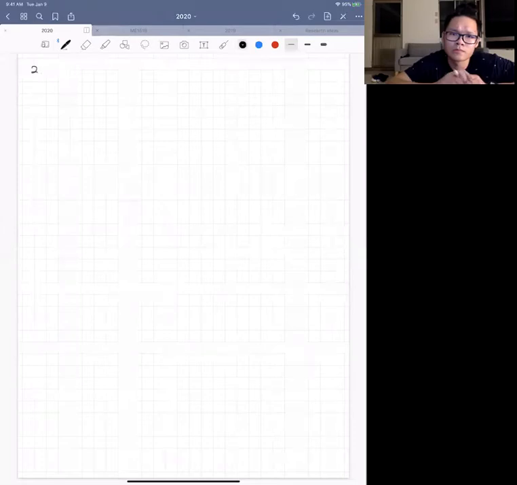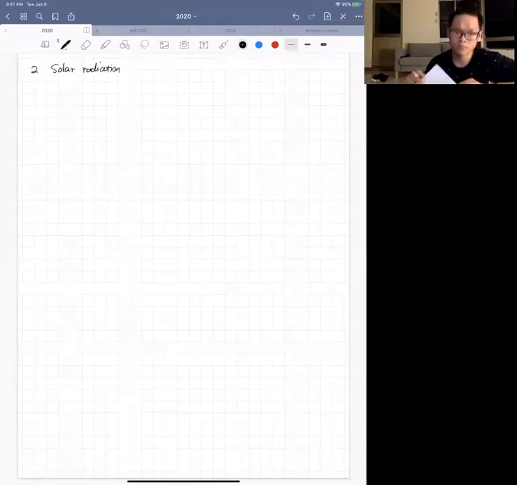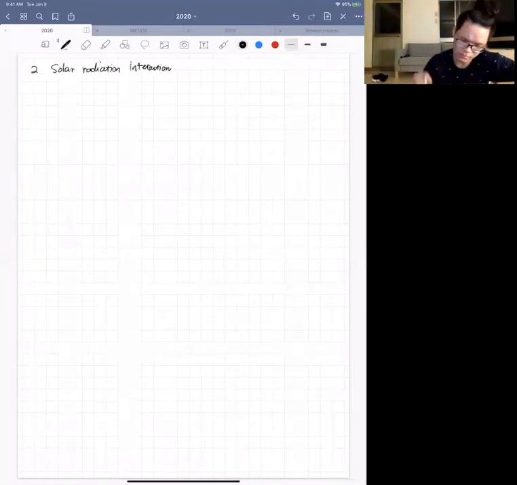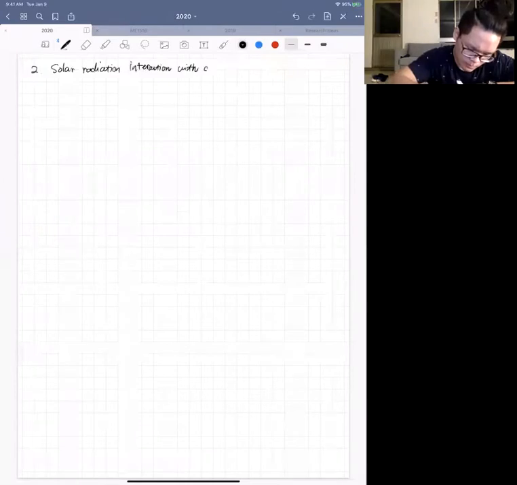So let's look at solar radiation interaction with atmosphere. We will introduce a few material properties, which we will discuss later.